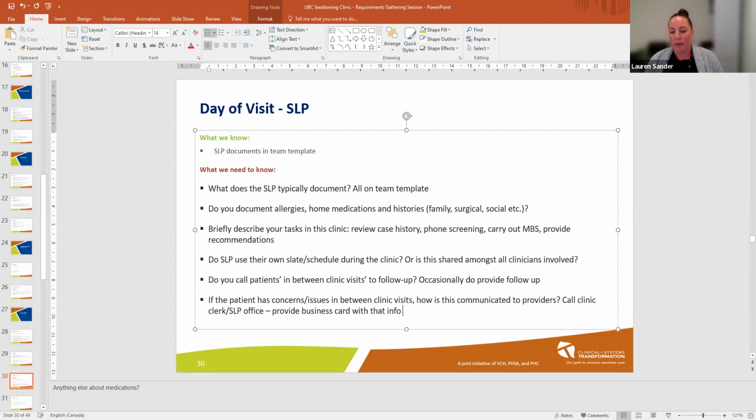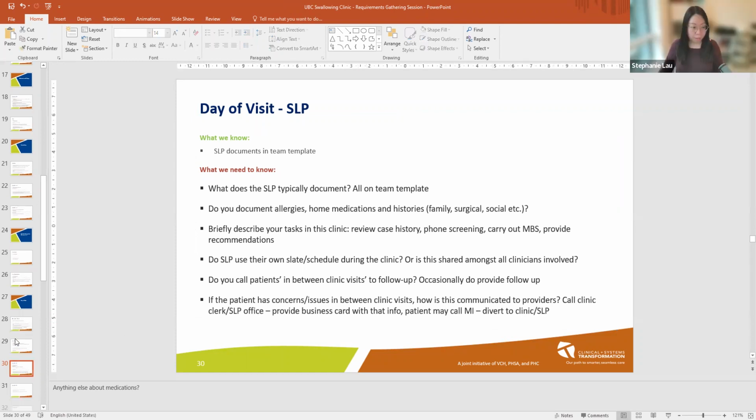And sometimes the patients call medical imaging, but then the clerical staff there just let them know to call the SLP or to call the swallowing clinic clerk. Okay.